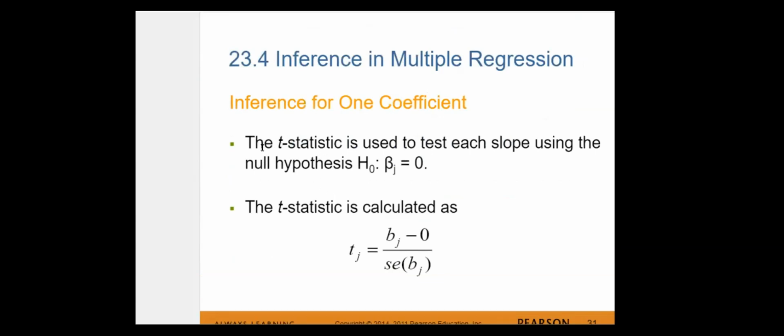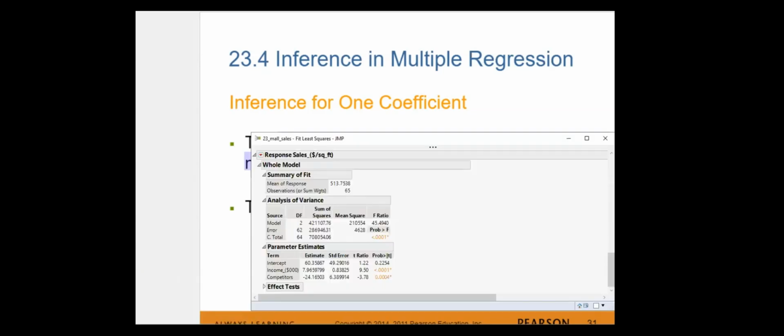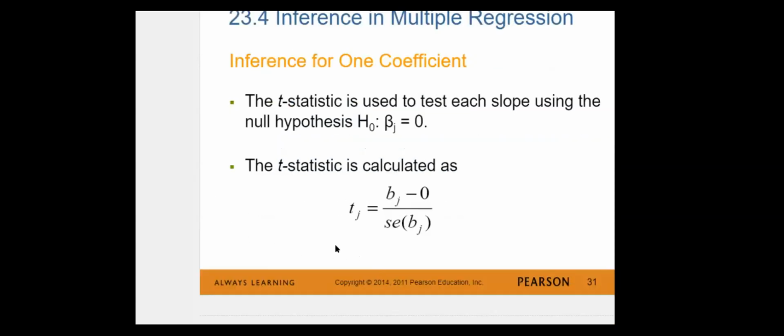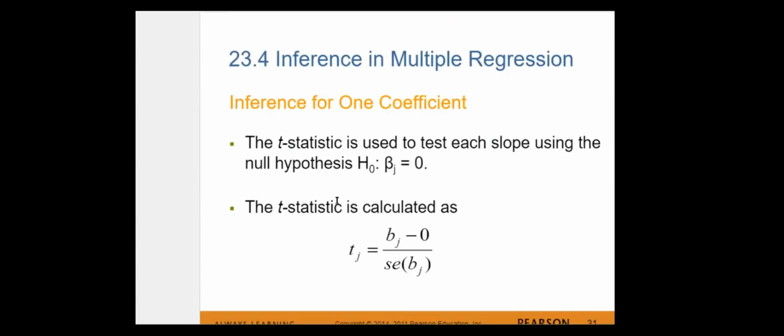Next is the T statistics. I actually have already explained this. The T stat we use: if it is more than 2 or the p-value is less than 0.05, that means these two numbers, 7.9 and negative 24, are significant. They are significantly calculated, okay? But how do you calculate the T value? T0 is for the intercept.